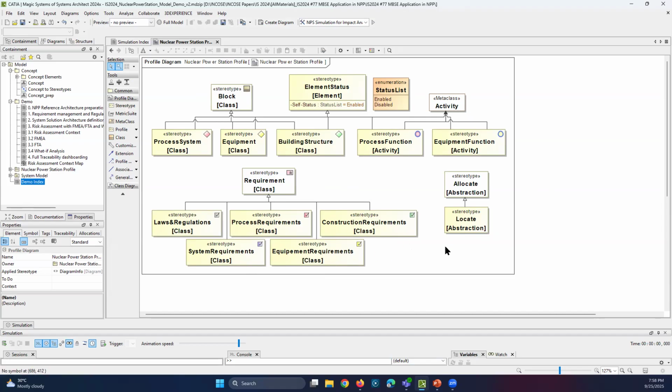The same goes for the relationships like the allocations, the activity turning into process functions and equipment functions, and the block, which represents the structure in SysML, turning into the process systems, equipment, and the actual buildings. So this is how we leverage the SysML language to extend it alongside the ontology.